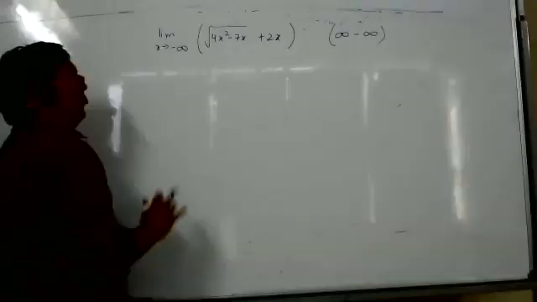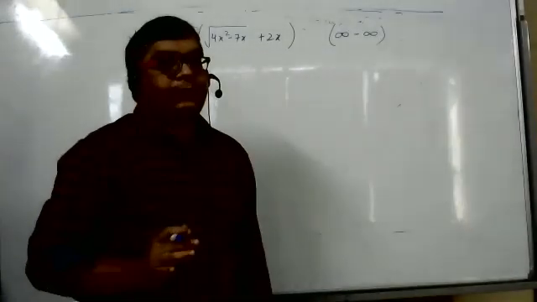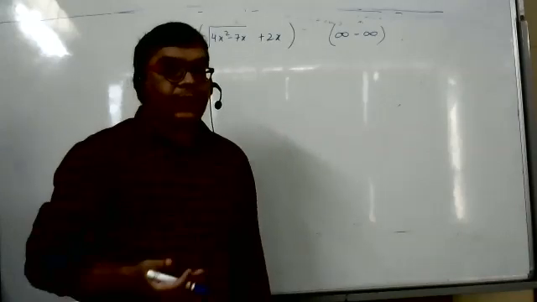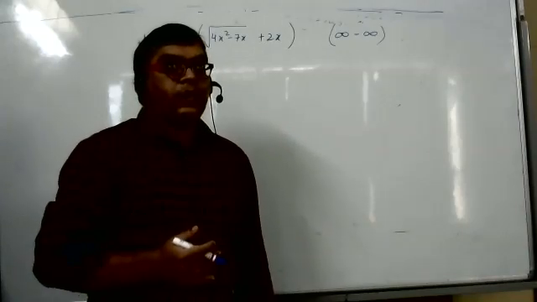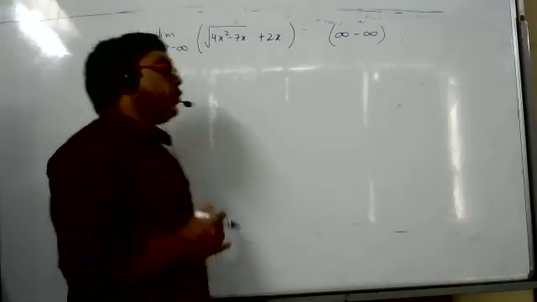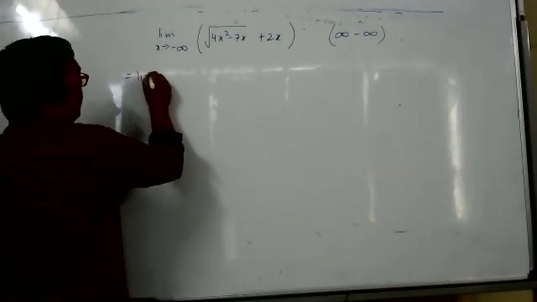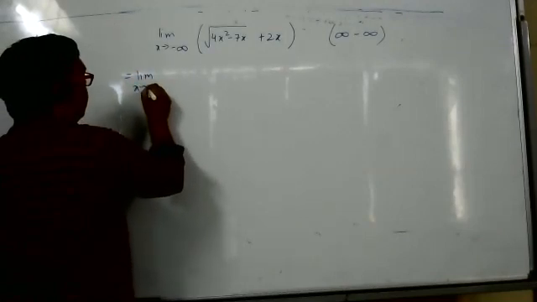I have told you that whenever you get infinity minus infinity form, convert it into either 0 by 0 or infinity by infinity. Usually it comes to 0 by 0. How to convert it? Very simple. In order to convert this into 0 by 0, I will rationalize.